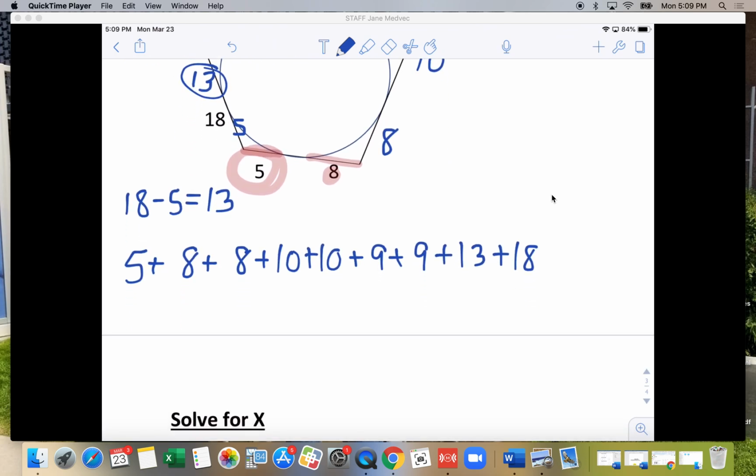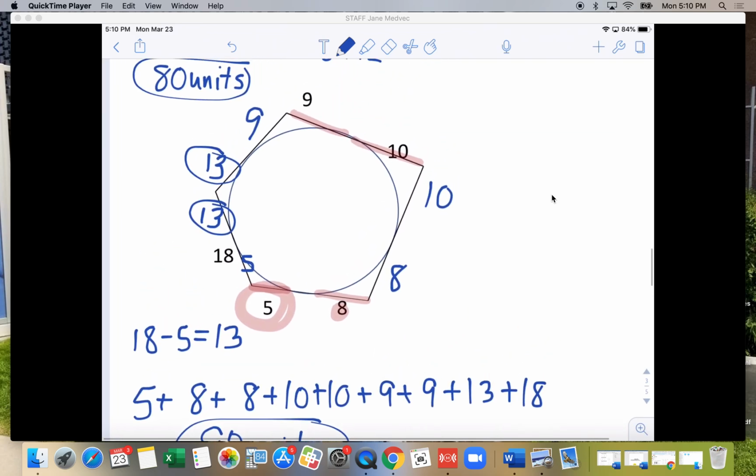Okay, so we're going to go ahead and take our calculators. And I end up with 90 units. Okay, that's going all the way around the figure.